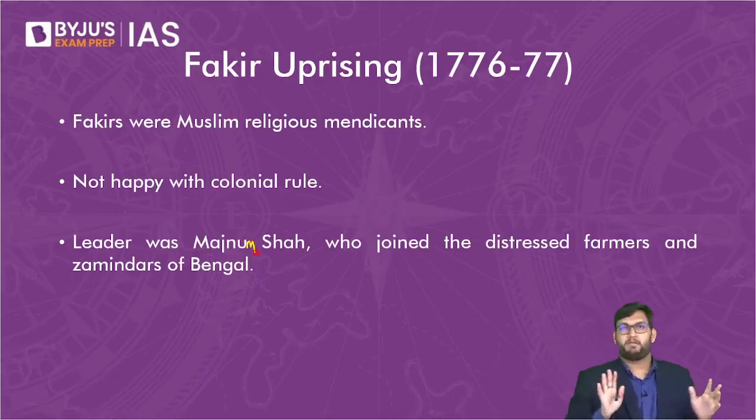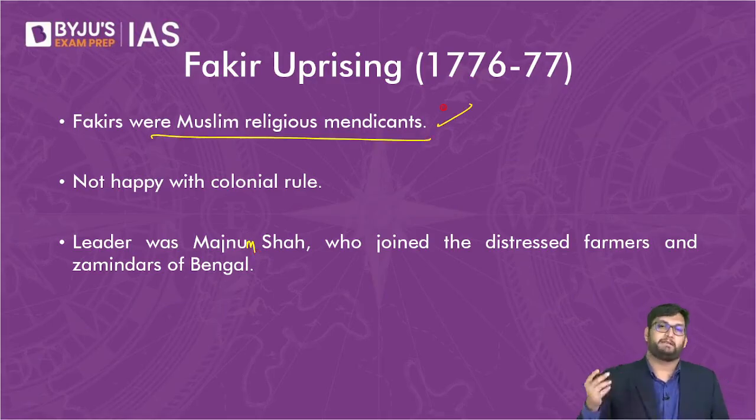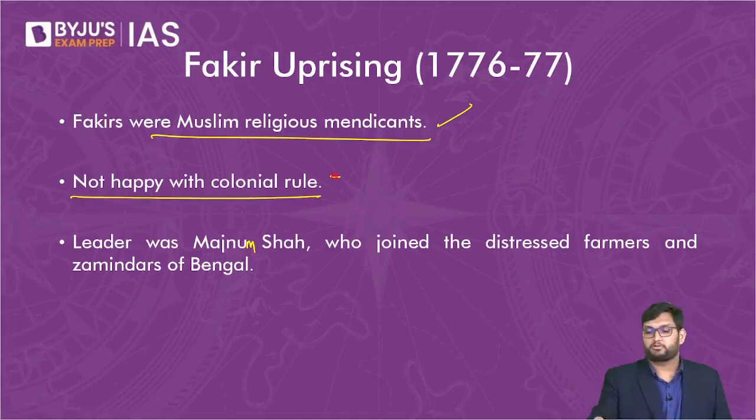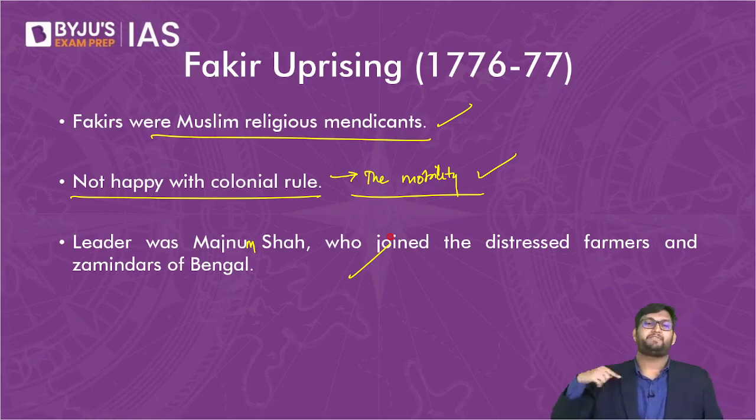Again, same in this period. Fakirs are Muslim religious mendicants, and they are not happy with colonial rule, and the mobility is also questioned, and that in turn leads to Majnun Shah, who is also considered a sannyasi rebellion person. He will join the distressed farmers and zamindars of Bengal and fight the British.